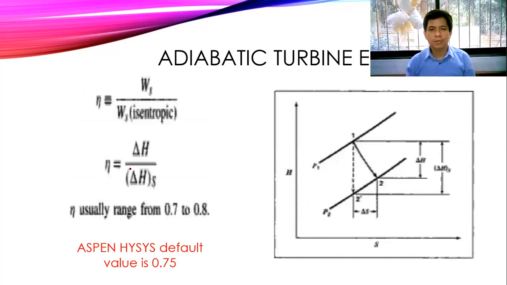Tapos, what about adiabatic turbine efficiency? So, ang gagawin natin kasing pagsosolve, i-assume natin muna na yung process ay adiabatic, hindi siya nagpo-produce ng heat. So 100% siyang efficient. So pag 100% siyang efficient, it's the same as saying that the process is isentropic, no? Delta S niya is equals to 0 when you say isentropic.